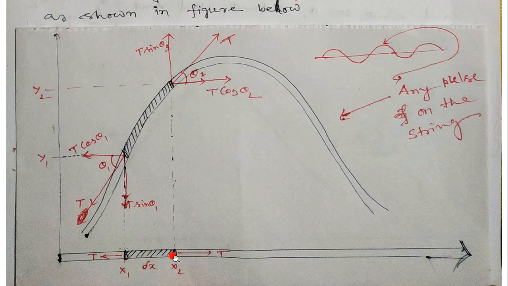we first take a small elemental length of the string, of length del x, between x equal to x1 and x equal to x2, and at equilibrium the tension force acting at the two ends of the elemental length is equal and opposite.